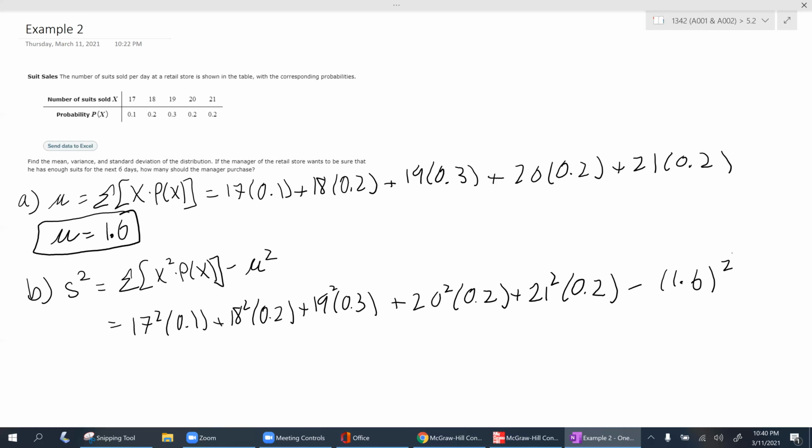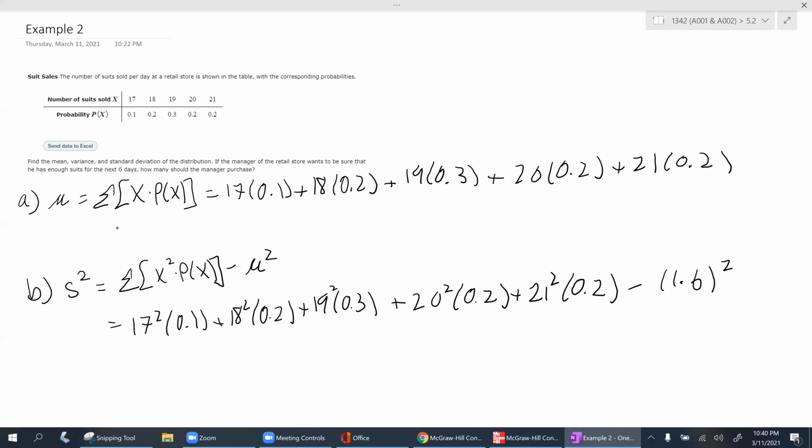Let me check my work real quick. That mean doesn't look right. Let me check this again. 17 times 0.1. There we go, this is off. I'm not sure what happened with my calculator.